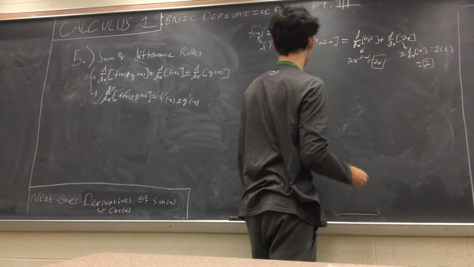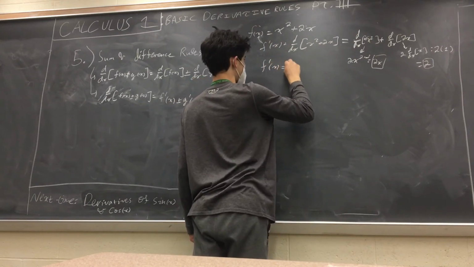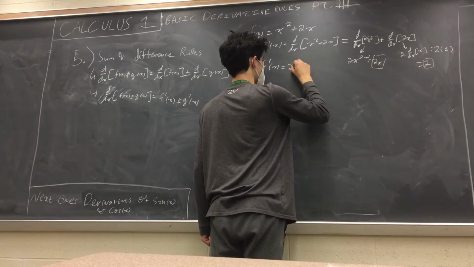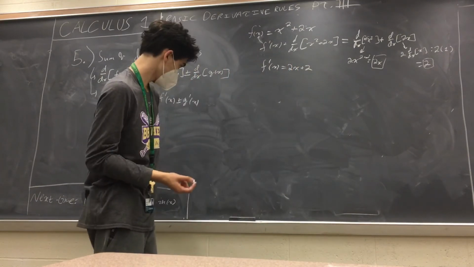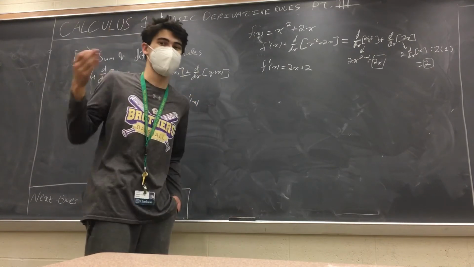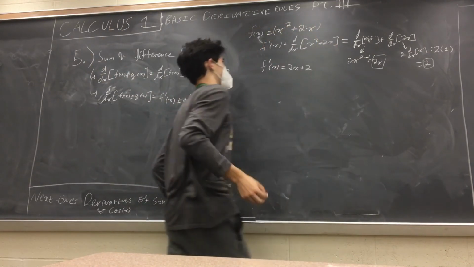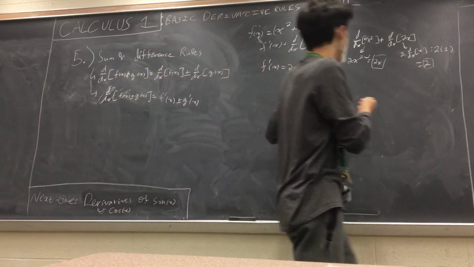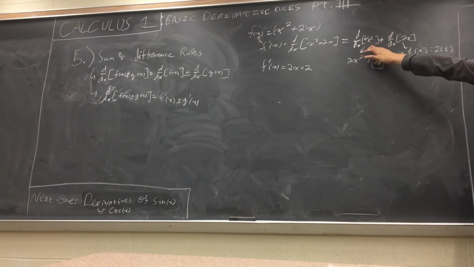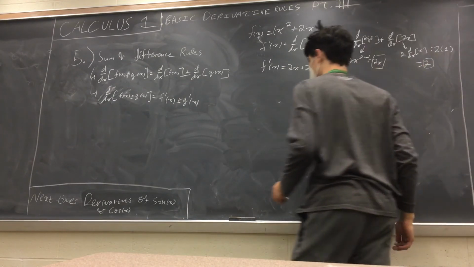So adding these together, we get that f prime of x is equal to 2x plus 2. So just by using that basic rule, we were able to turn this function, x squared plus 2x, into something that was in two components, x squared and 2x, that were easily differentiable.